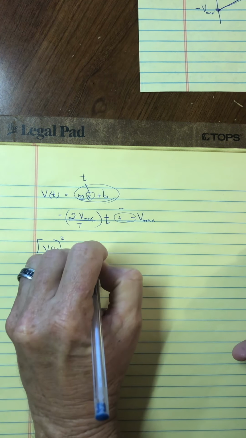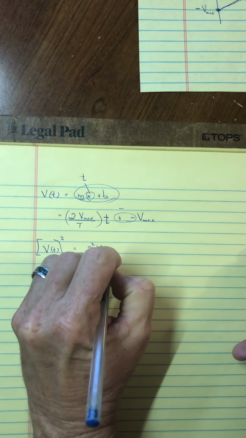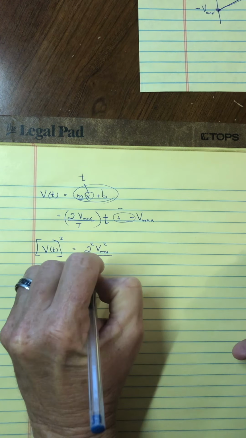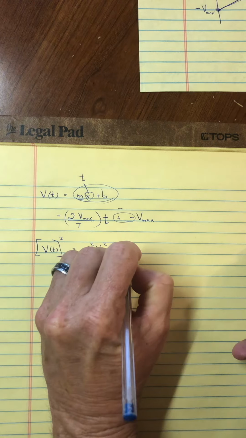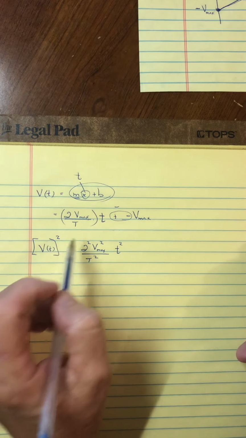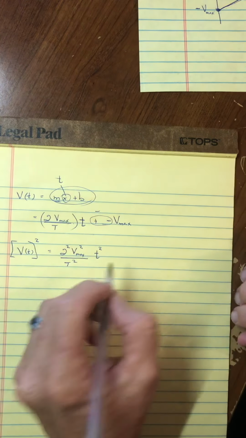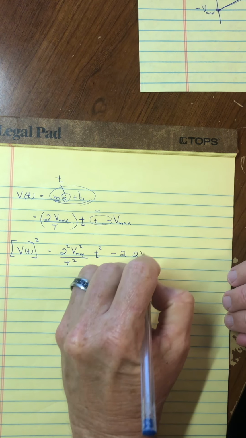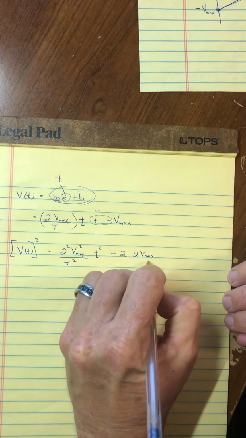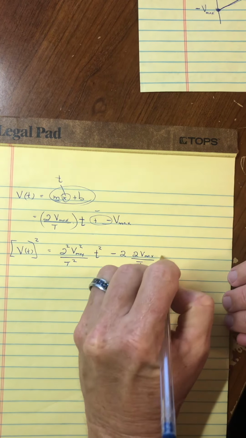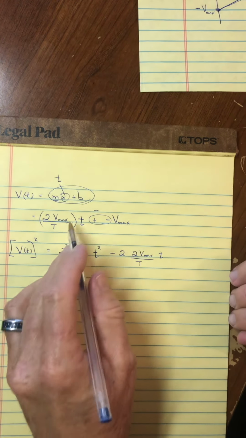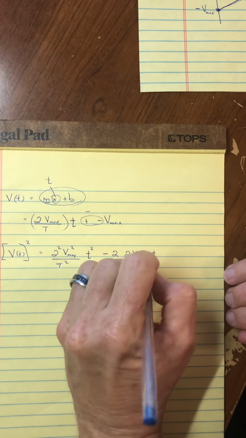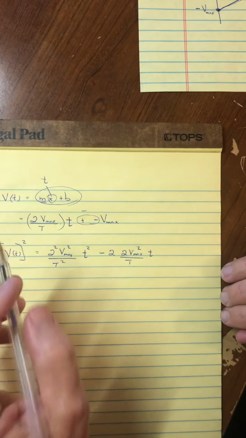So this would be 2 squared Vmax squared over period squared, t squared. So there is the a squared. Then it would be minus 2 times a times b. That's another Vmax.